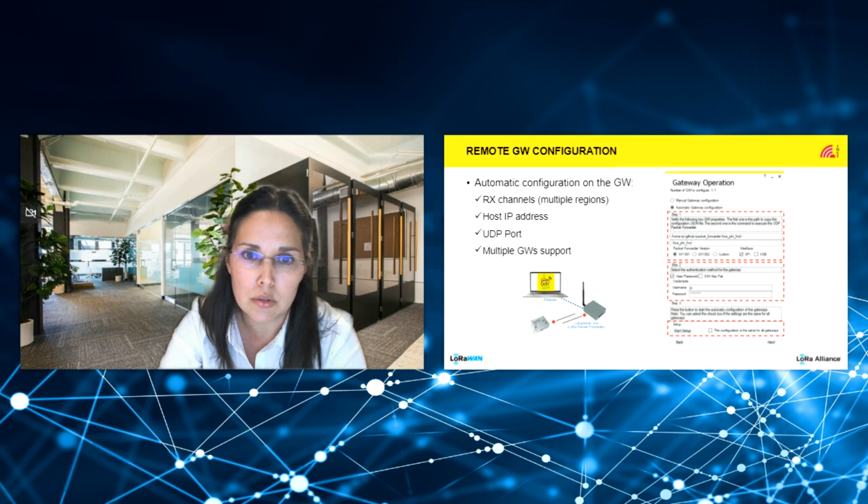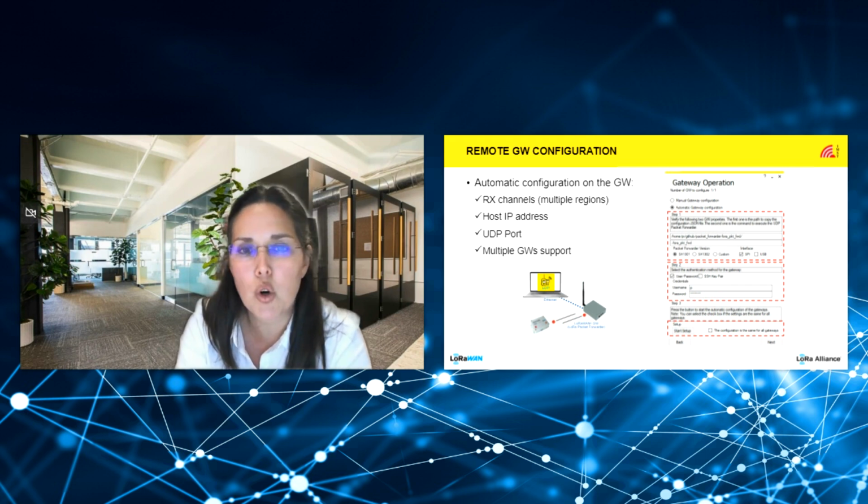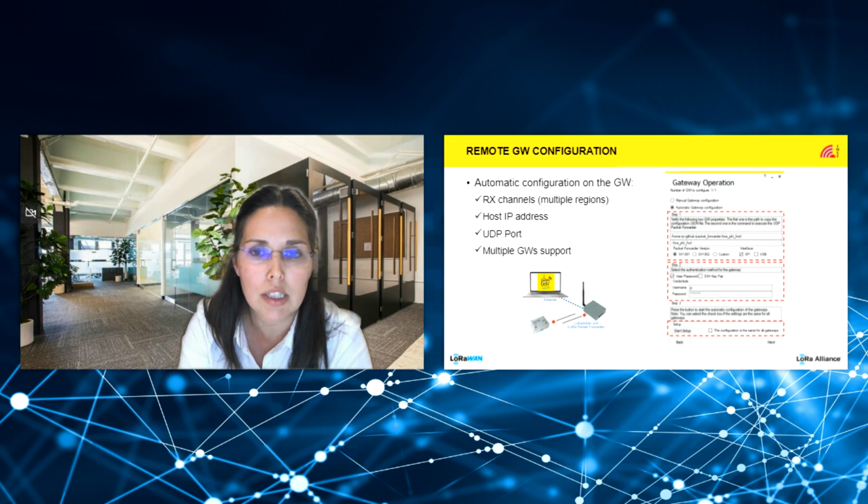For this, it's important to configure the path where the LoRa packet forwarder is stored on the gateway. And there is a small difference in the configuration files on the gateway depending on the chip used for the concentrator.